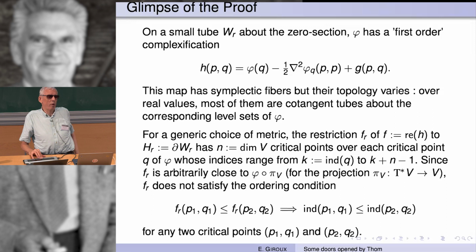And because the function is quite close to the initial function phi, since it's the boundary of a very small tube, the critical values are close to those of phi, and so the function is not ordered, as we say, which means that it does not satisfy the ordering condition that f_R of (q1,p1) is less or equal to f_R of (q2,p2) if the index of (p1,q1) is less or equal to the index of (p2,q2).